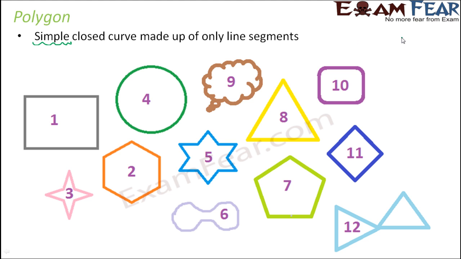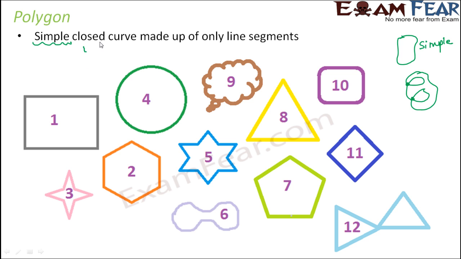For example, if I draw a curve like this, it never crosses itself. But if I draw a curve like this, it is intersecting itself. You see, this is the point of intersection, and this is the point of intersection. So this is not a simple curve. A simple curve is one which doesn't cross over itself.